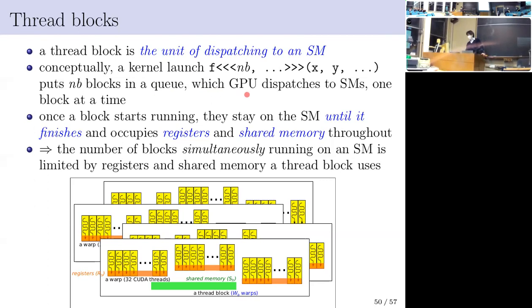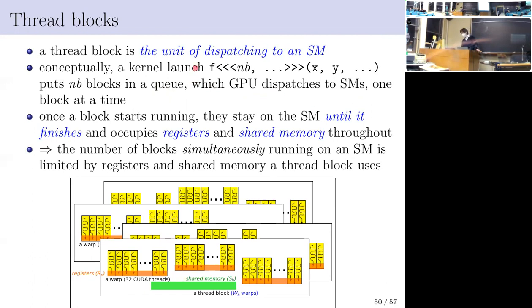But the point here is that the GPU dispatches to streaming multiprocessors one block at a time. So it always dispatches the entire block to a particular streaming multiprocessor. It never happens that 100 threads in this block go to streaming multiprocessor 0, and the other 100 threads go to another streaming multiprocessor 1. So all threads within a single block go to the same streaming multiprocessor and execute simultaneously.